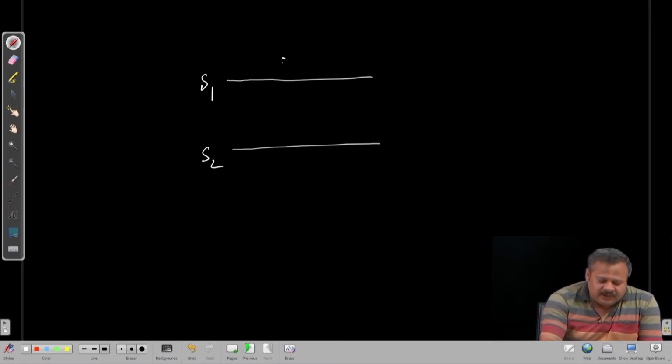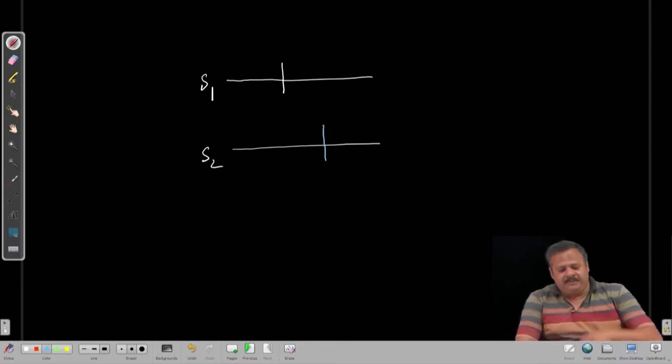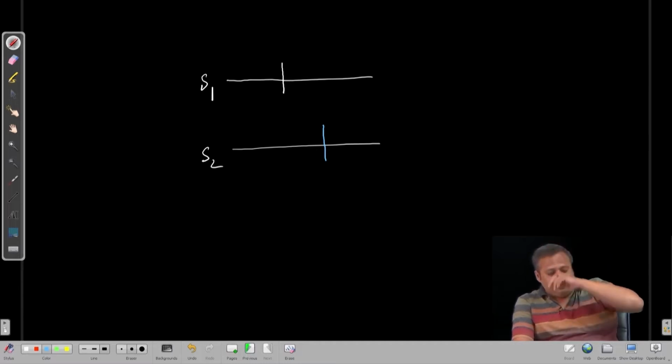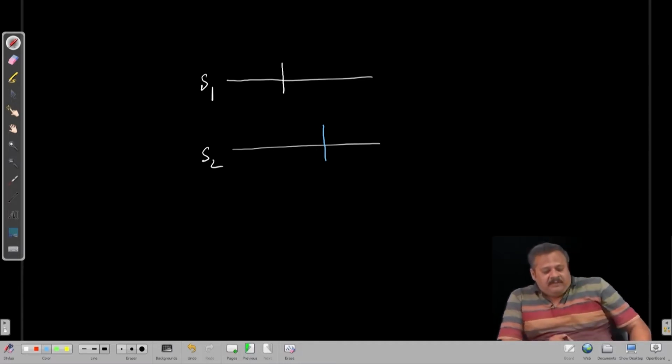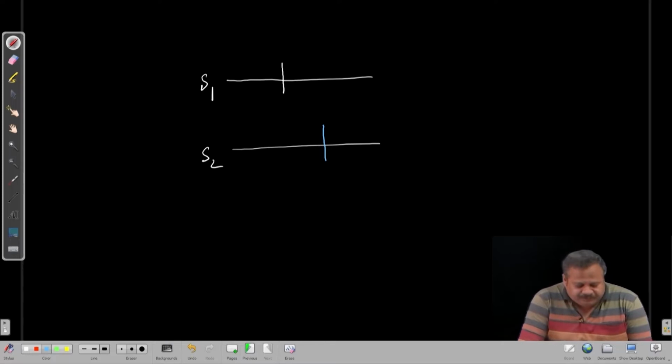Let us say for spike train 1 it is at this particular time, and for spike train 2 it is at this particular time, kind of the example that we had talked about in the very beginning of these discussions. So, now the question is, given these two spikes, will we be able to say that they came from two different stimuli most likely.